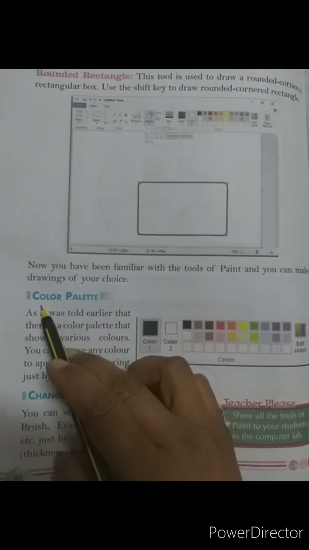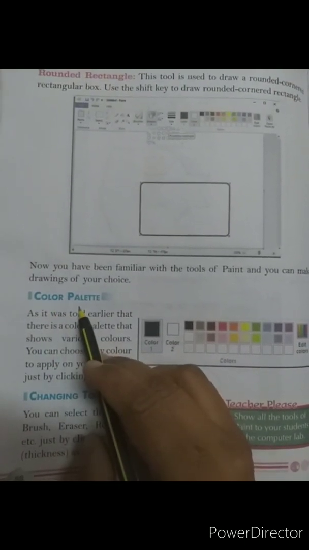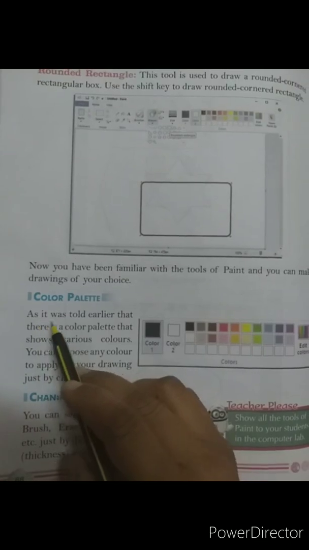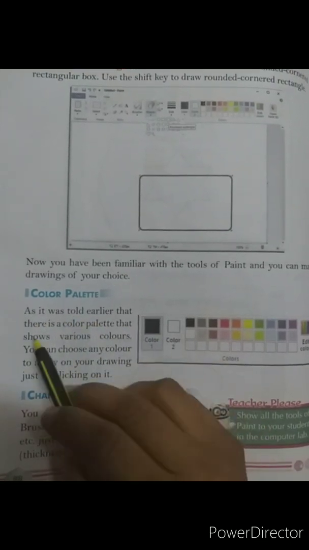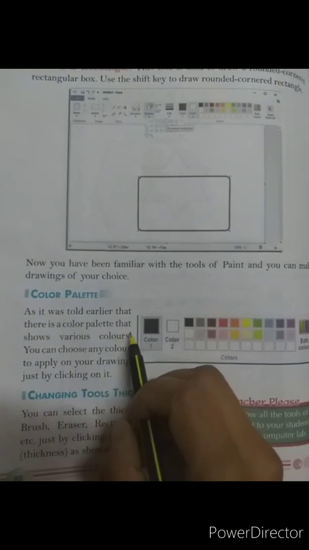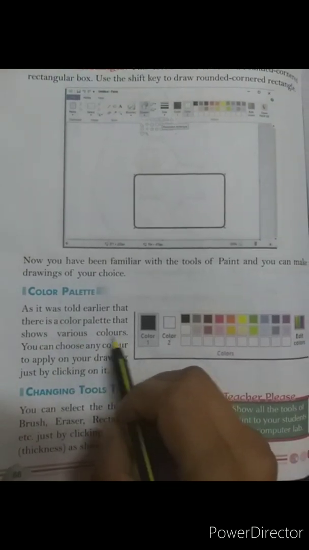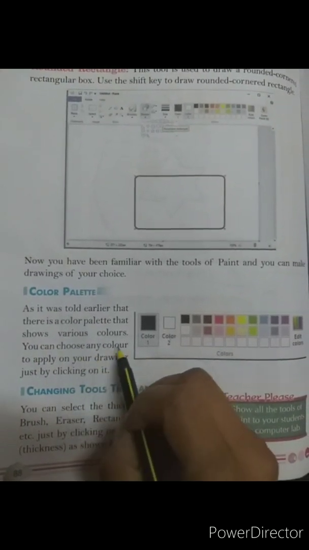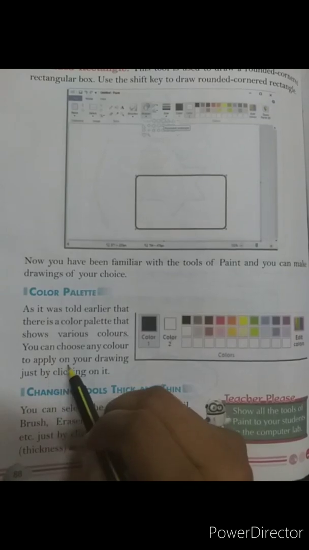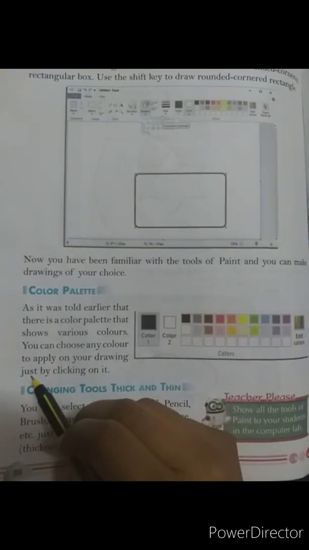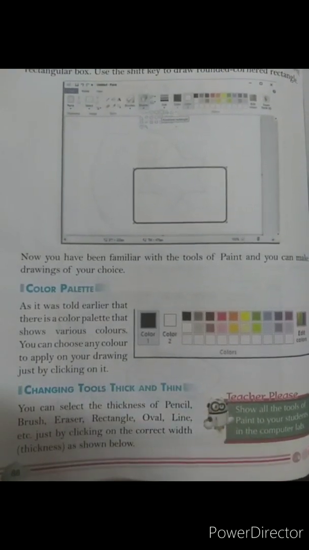Now the next point is color palette. As it was told earlier, there is a color palette that shows various colors. You can choose any color to apply on your drawing just by clicking on it.